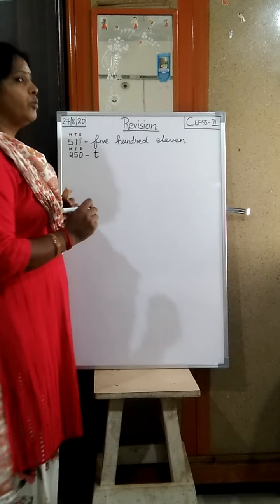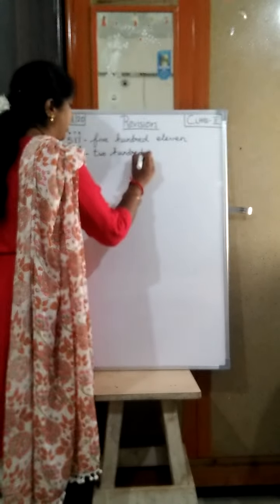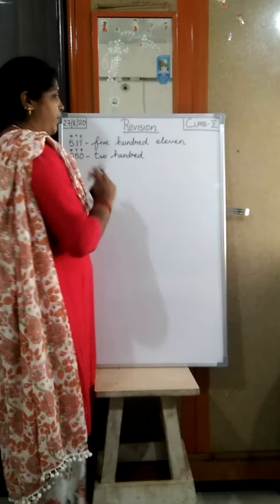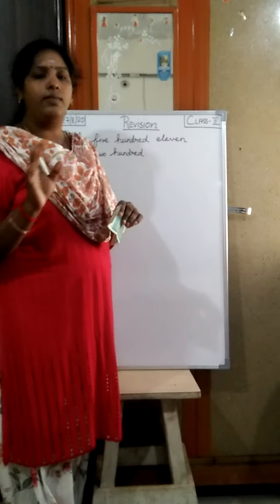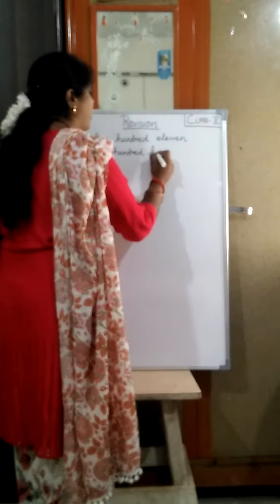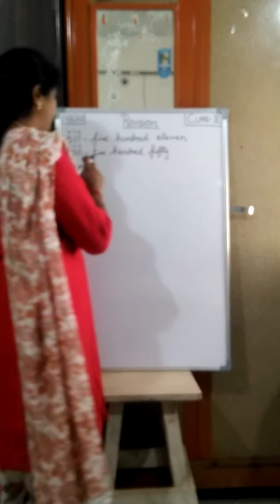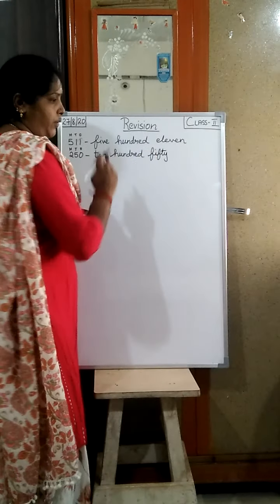Many of them will write 2 spelling T-O-W. That is wrong. We have to write T-W-O, 200. H-U-N-D-R-E-D, hundred and 50. Somebody will write 5T. 5T is wrong. F-I-F-T-Y, 50. So 250.